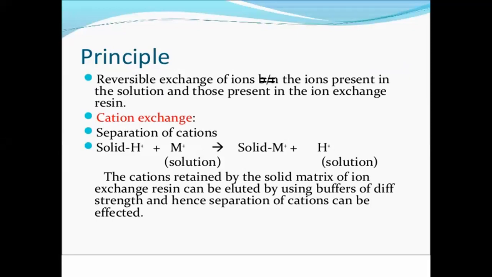For example, the ion exchange process is of two types, the cationic exchanger as well as the anionic exchanger. Here you can see solid cations plus cations which are present in the solution. So similar charge ions get exchanged.